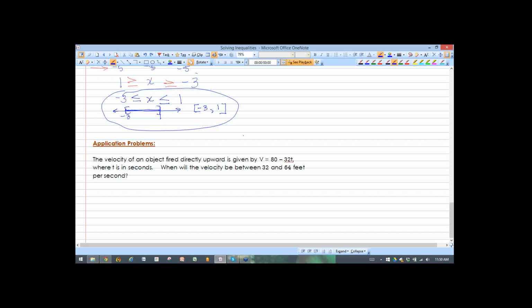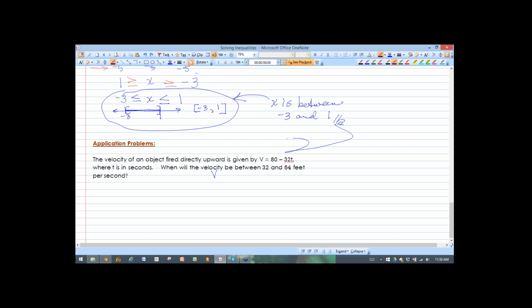When will the velocity, or v, okay, where's my pen? Okay, so when will v be between? We just saw between, a solution that looks like that, okay? We can say x, in our previous example, x is between -3 and 1. Excuse me, my tablet just re-energized. And 1, and this is inclusive, right?